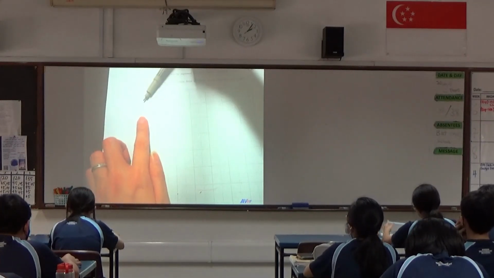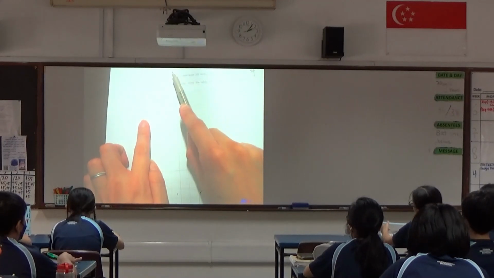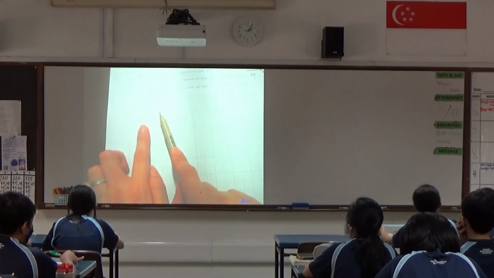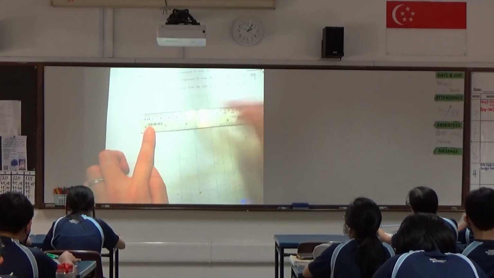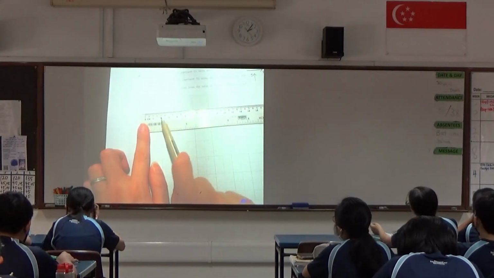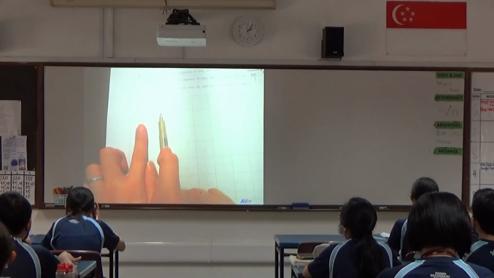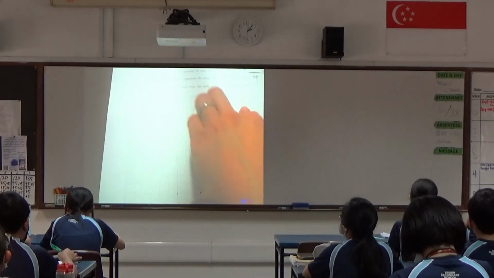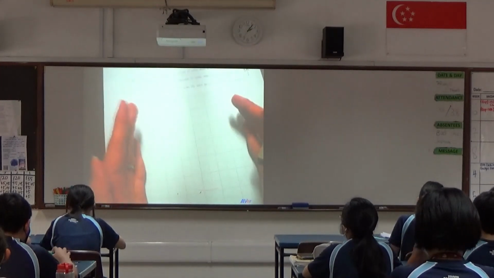Starting inside the thick line, if this is 0, because the question says 2 cm represents 10 units, that means 2 cm is 1 big square. In fact, you can measure it. So 0 to the next 2 cm will be 10 units. If this is 0, the next one is 10, and then we count 20, 30, 40, 50, and 60. We see that my 0 to 60 can fit inside here.